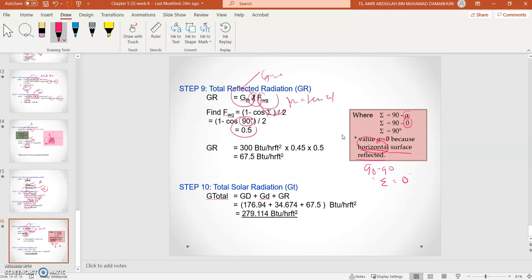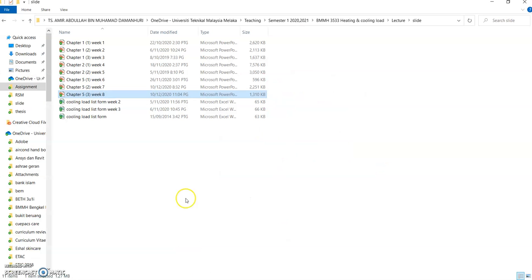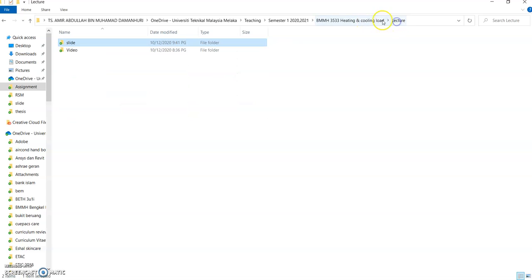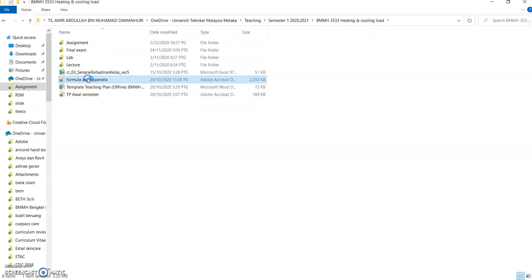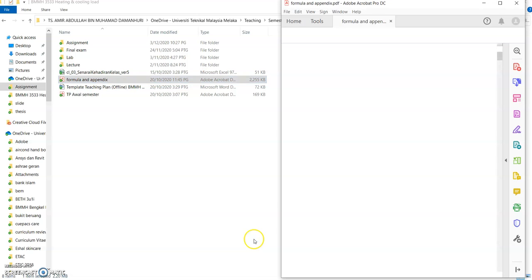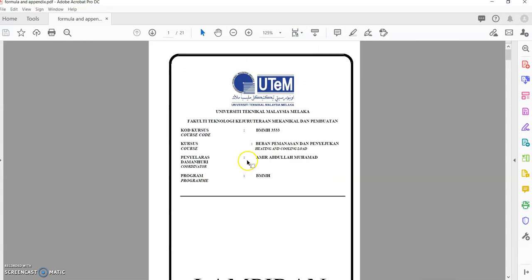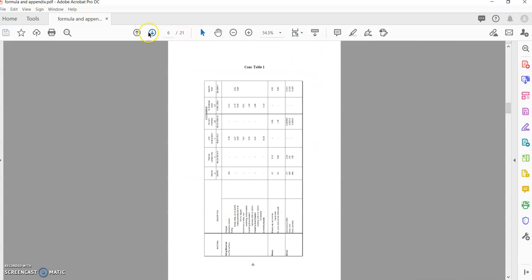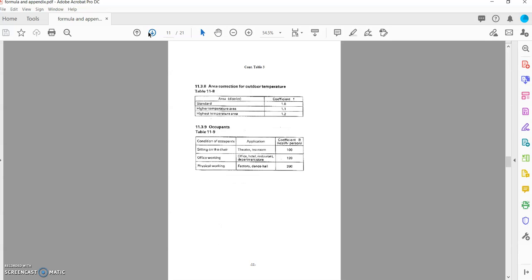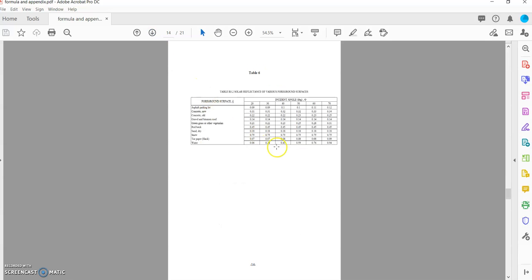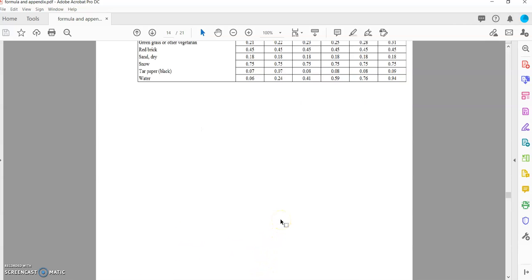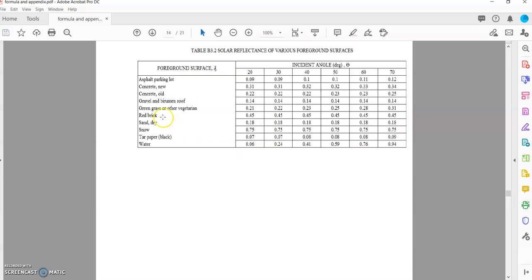So the formula is GR, 300 is given, times 0.45. So how to find the value of 0.45? Using the formula of appendix here, wait a minute. The value of 0.45 here, refer to appendix C, page 14, right?